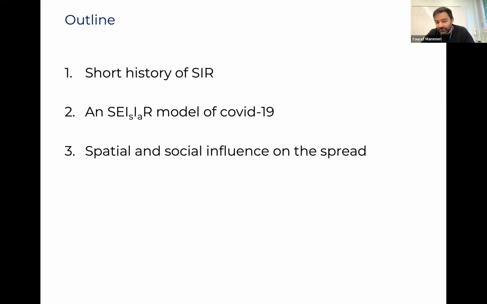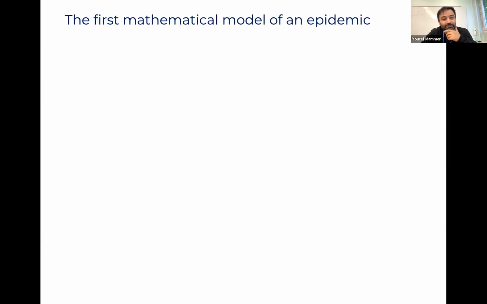Only at the end, if I have enough time, I will explain how we can extend this to take into account the space, and also some social categories in the spread. So let's start. You will see there is no complicated mathematics. Actually there is complicated mathematics at the end, but it is not written out, so you will not see any PDEs in my talk. Nothing complicated.